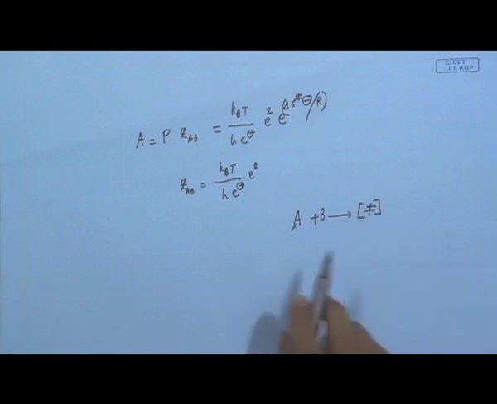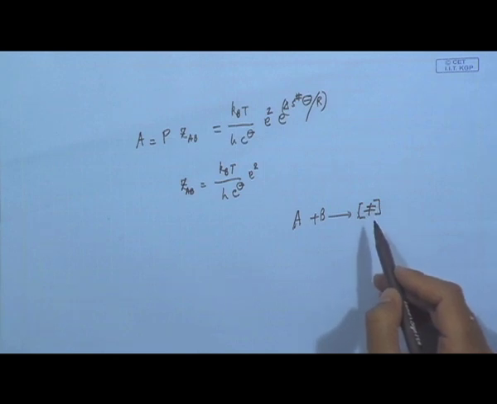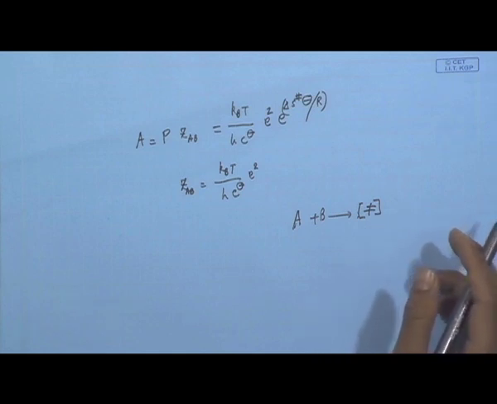So, there is a net decrease in entropy of the system, if we concentrate on the system.